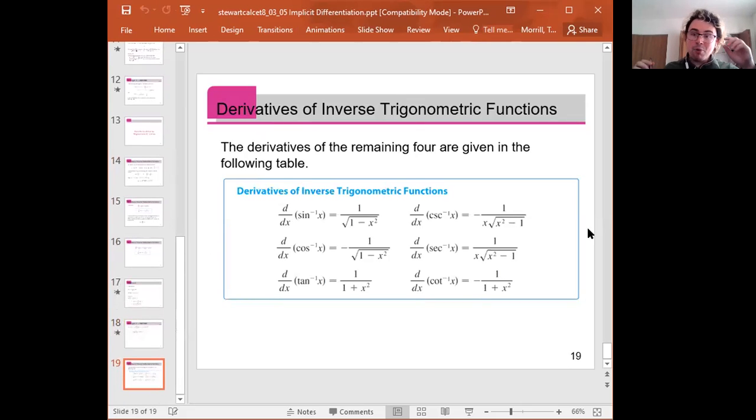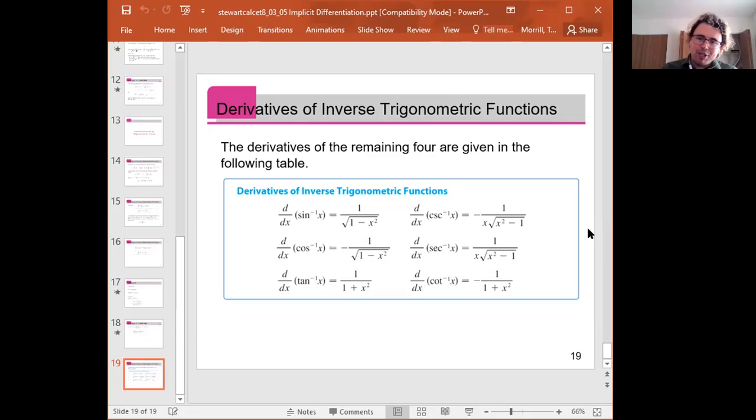So I'm going to stop here with a table for the derivatives of all of the inverse trig functions. So there are 6 trigonometric functions. Each one of them has an inverse, which gives us 6 inverse trig functions. And here are the derivatives of all of them.